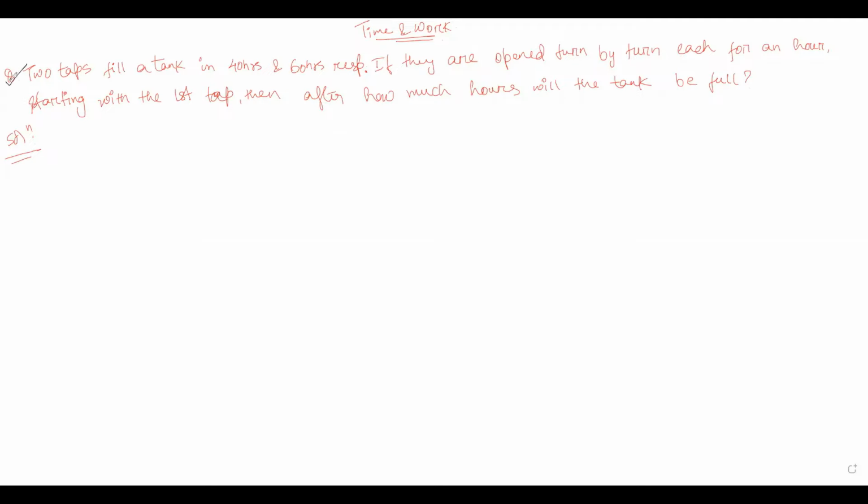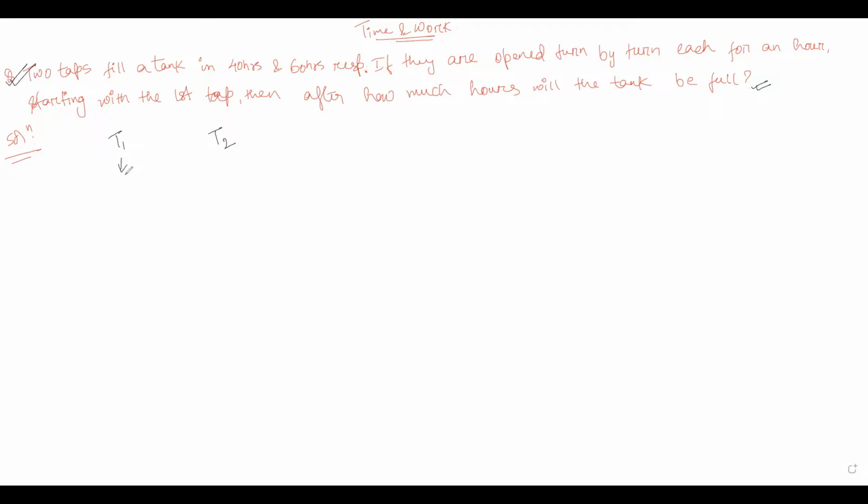Let us see this question now. 2 taps fill a tank in 40 hours and 60 hours respectively. If they are opened turn by turn each for an hour, starting with the first tap, then after how many hours will the tank be full? So there are 2 taps, T1 and T2.